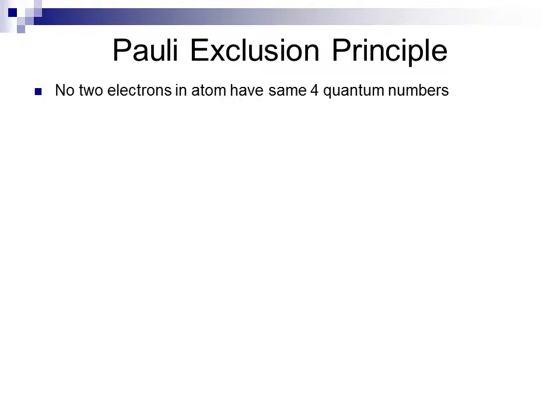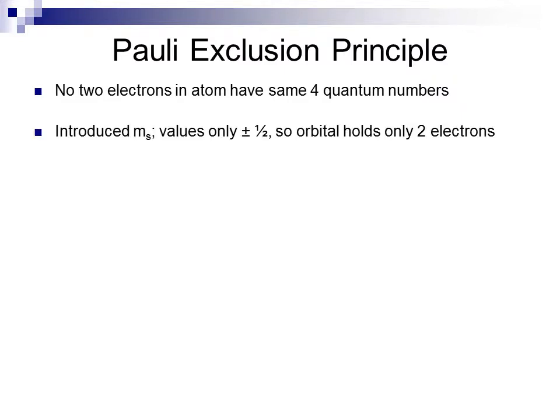The Pauli exclusion principle, the last principle we discussed, talks about how no 2 electrons in an atom can have the same 4 quantum numbers. This is where we get our limitation of 2 electrons per orbital. The Pauli exclusion principle introduced the value of m sub s, or the spin value. Because the m sub s values can exist only as positive or negative 1/2, each orbital can hold only 2 electrons.